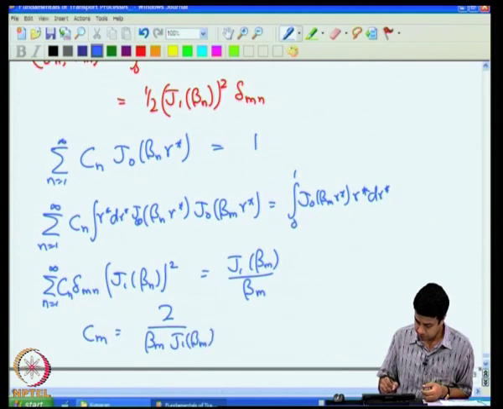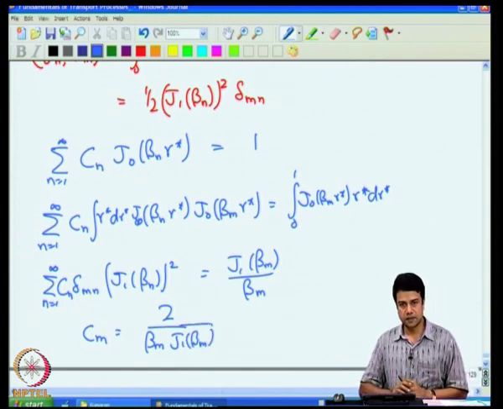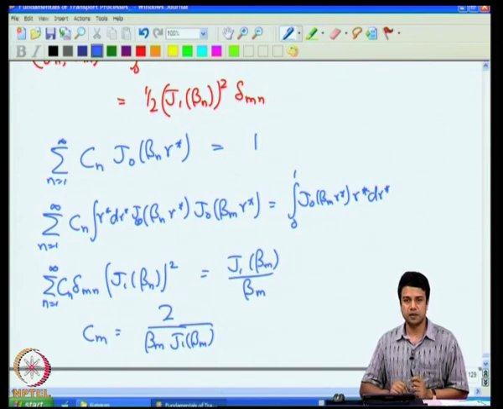So, this is the final expression for the constants, obtained using the same orthogonality relations that we had used earlier.